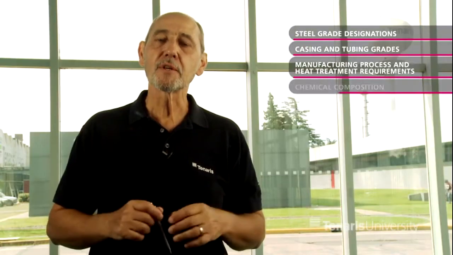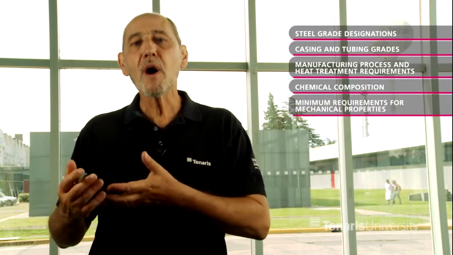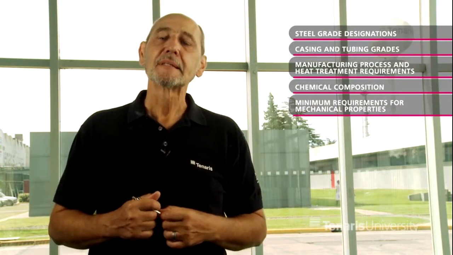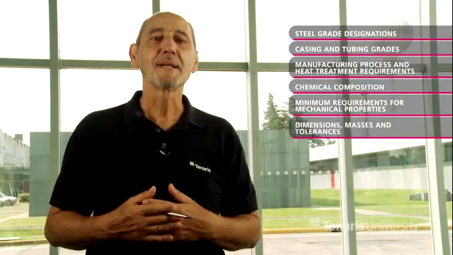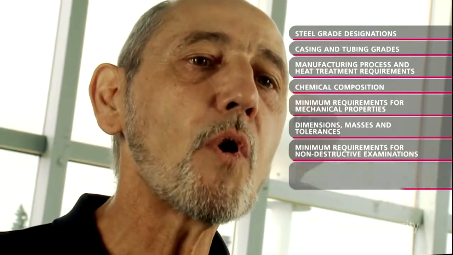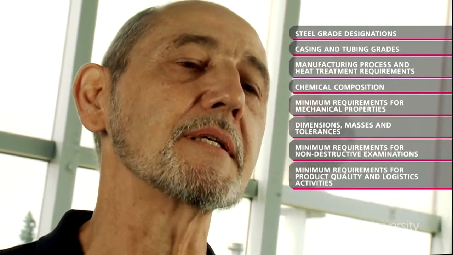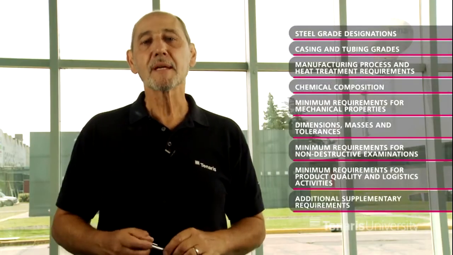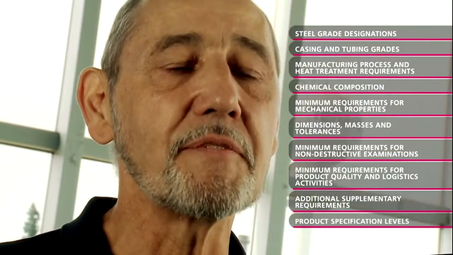These standards specify the technical delivery conditions for steel pipes, which are related to steel grade designations, casing and tubing grades, manufacturing process and heat treatment requirements, chemical composition, minimum requirements for mechanical properties, dimensions, masses and tolerances, minimum requirement for non-destructive examinations, minimum requirement for product quality and logistics activities, additional supplementary requirements, and product specification levels.